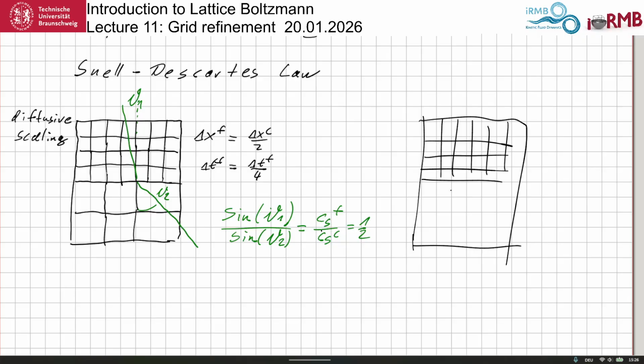Say this is coarse, this is fine, and this here is coarse. I'm now simplifying a little bit.